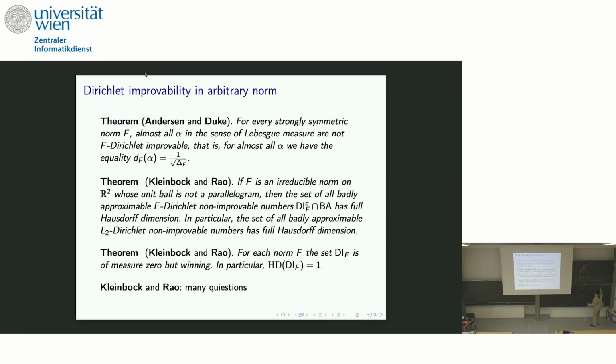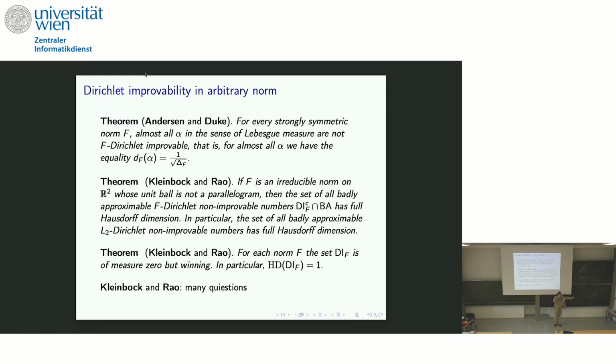If we deal with LP norms, this restriction turned out to be very strong. It is clear that if we have P equal to 2, the ordinary Euclidean norm, then the condition is satisfied because there is a lot of symmetry.